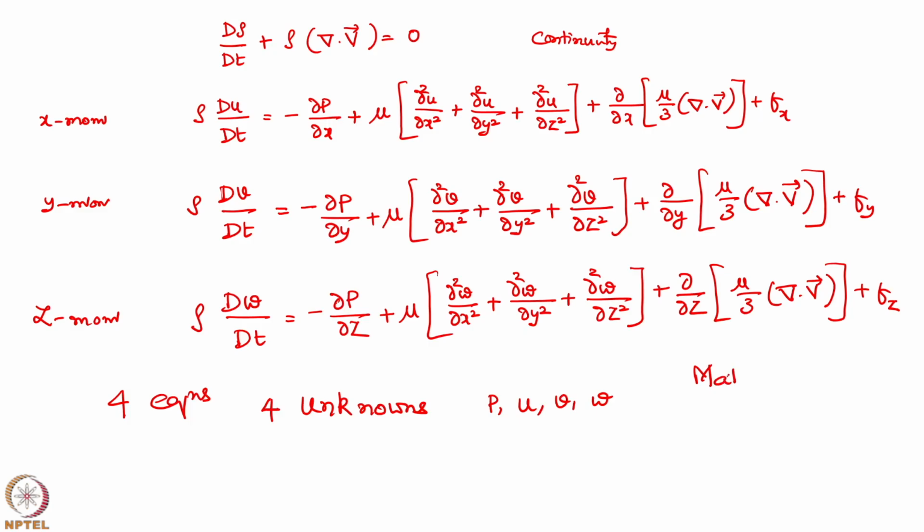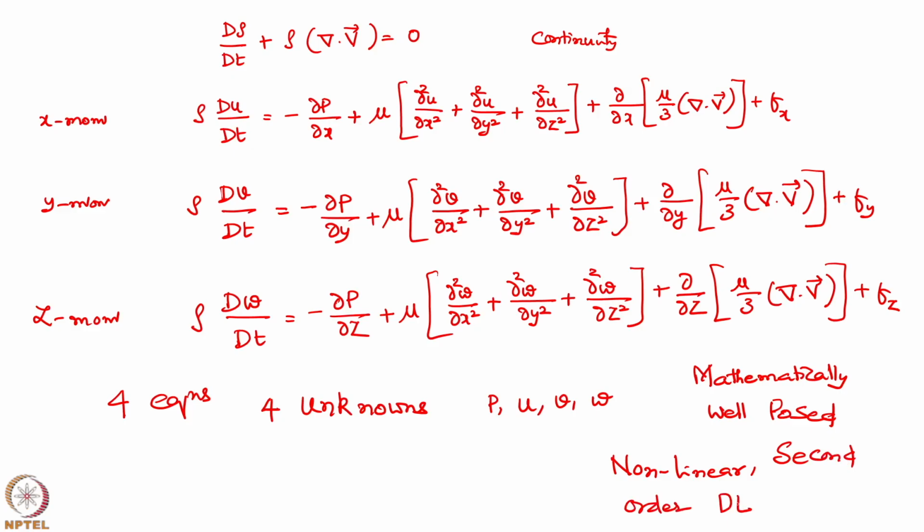That means it is mathematically well posed: the number of equations is equal to the number of unknowns. Unfortunately, it is a non-linear, second order differential equation, and it is not possible to solve except in a few simplifying, simple cases.